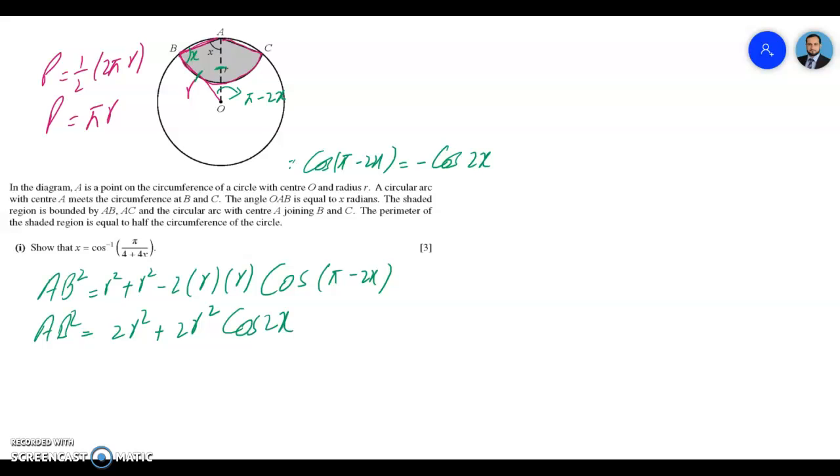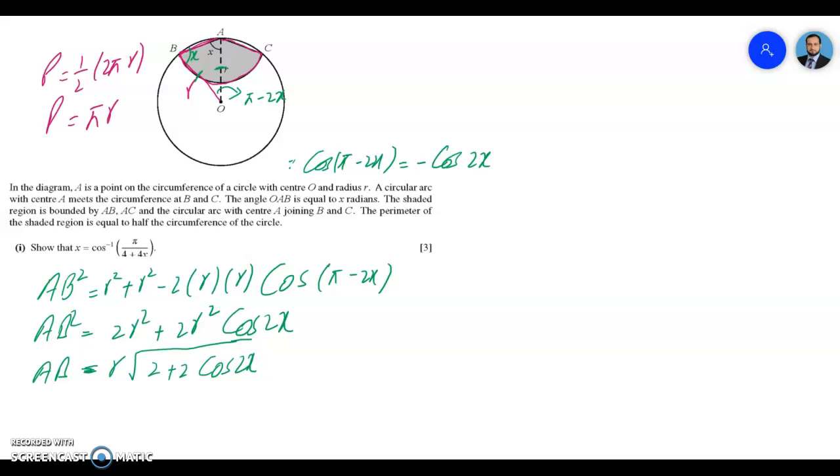To find AB, we take the square root on both sides. Since r squared is common, r will come out, and inside the square root we are left with 2 plus 2 times cos of 2x.